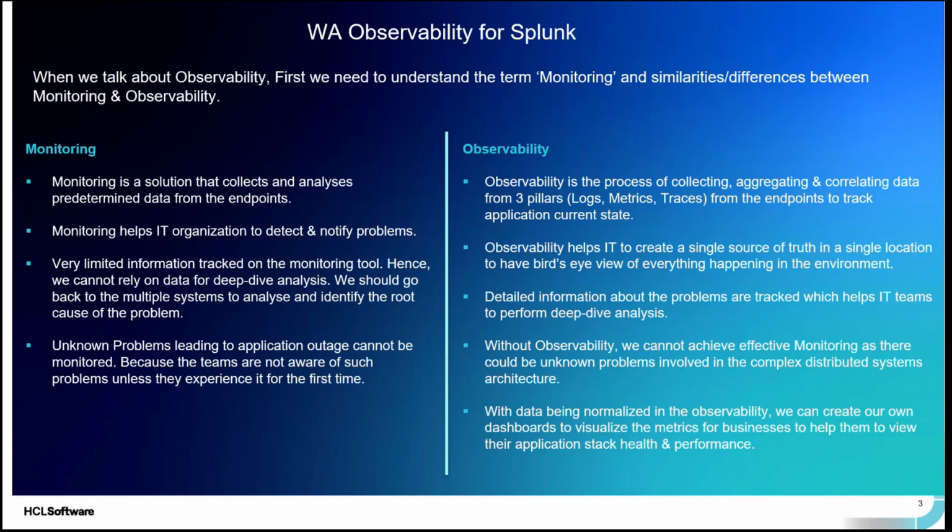So coming back to observability, it is the process of collecting, aggregating, and correlating data from three main pillars, which are logs, metrics, and traces, from the endpoints to track the application's current state.